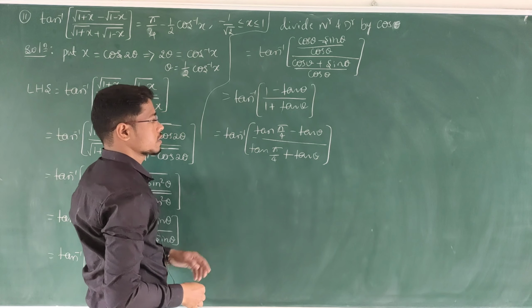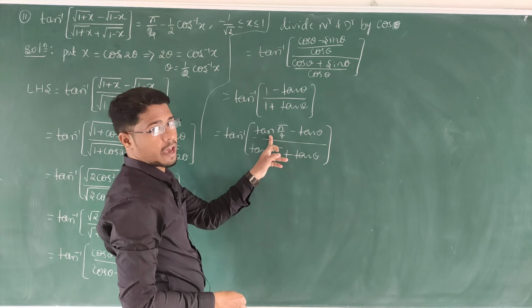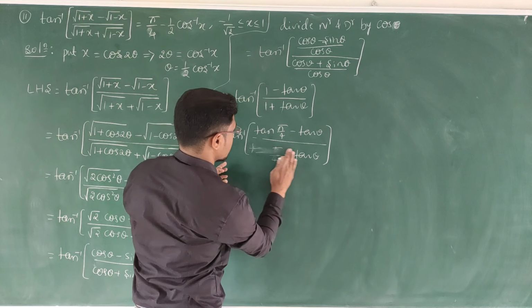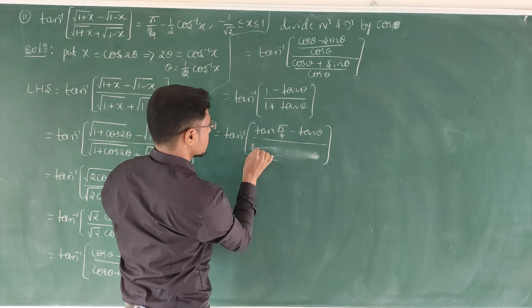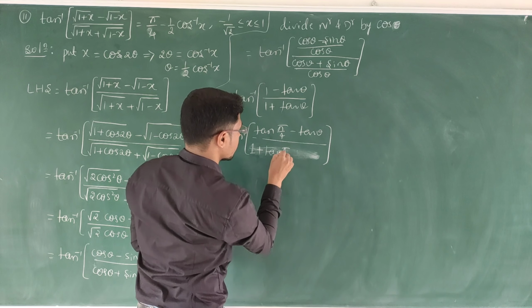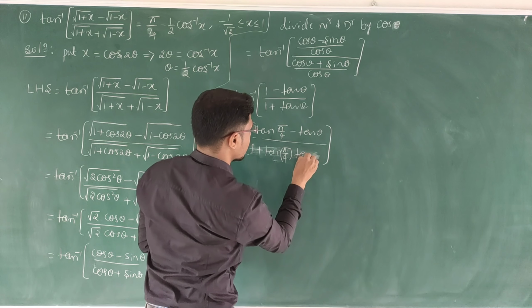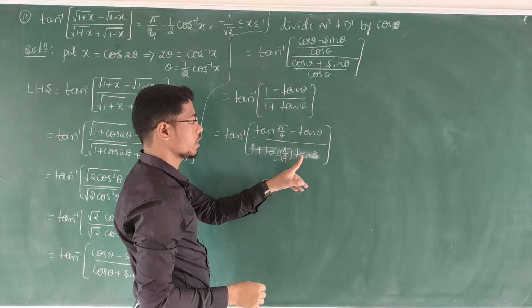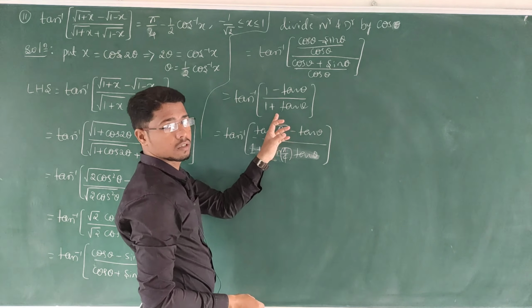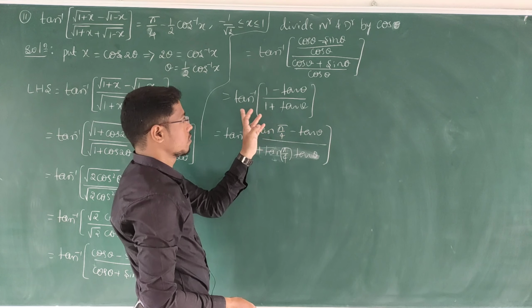This is of the form tan x minus tan y upon 1 plus tan x tan y. I will write here 1 plus tan pi by 4 into tan theta; tan pi by 4 is 1, so there is no change in the value of the previous step.